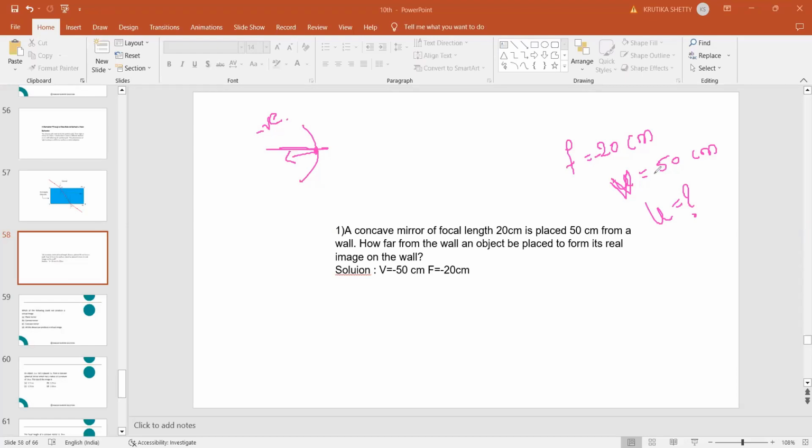Similarly, the image distance is also minus, because they have specified that the image is real. So you use the formula 1 by f is equal to 1 by v plus 1 by u and calculate.